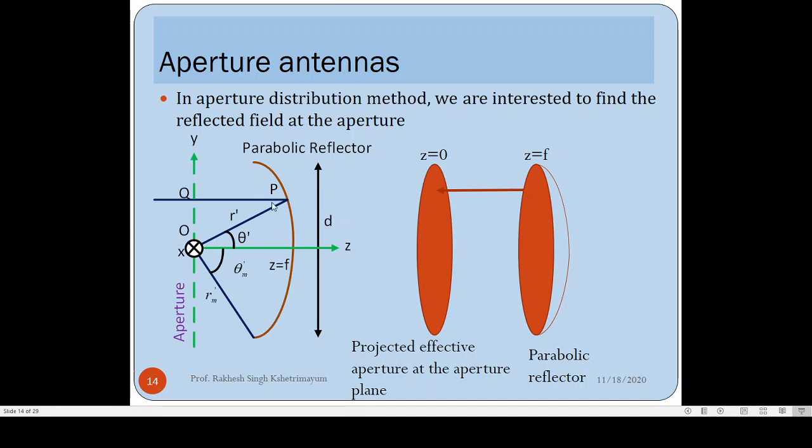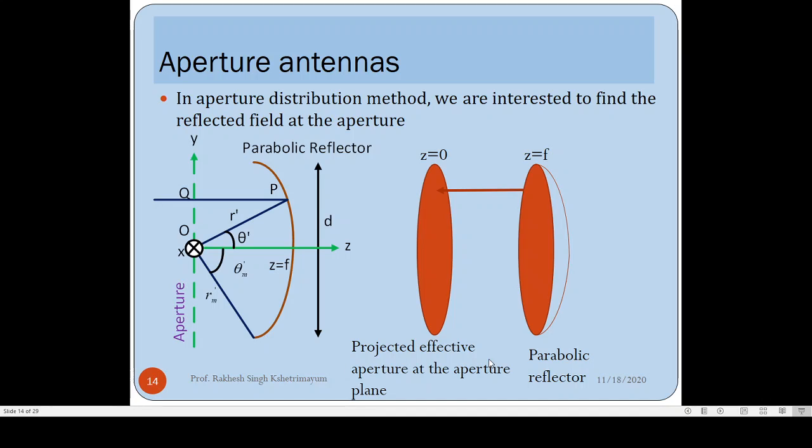The aperture we are considering is not the parabolic reflector; the aperture we are considering is at this location. That's why I have shown the aperture here at the focal point. Any ray which has gone from this feed antenna will get reflected from the parabolic reflector and come here, and at this dashed line we are considering the aperture.